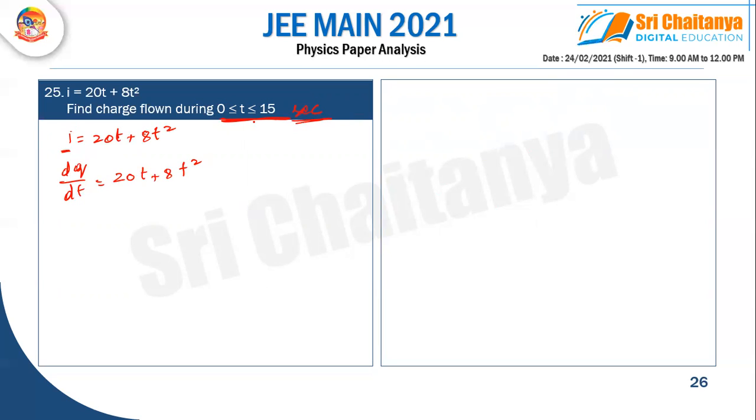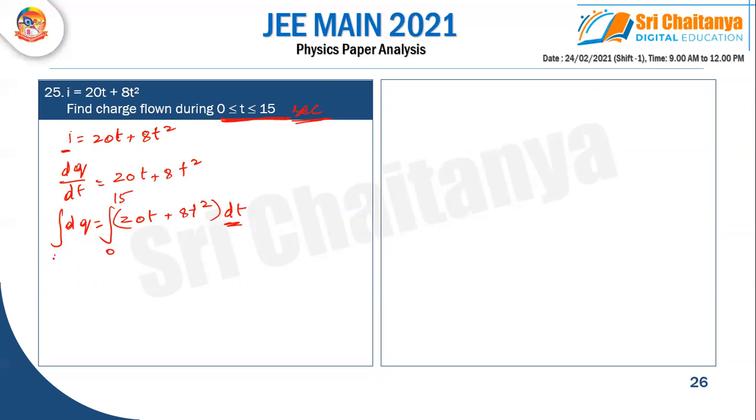The clue is in the question itself: I is the charge by time, dq by dt, which is 20t plus 8t square. So dq is equal to 20t plus 8t square times dt, and I integrate it within the time limits 0 to 15.